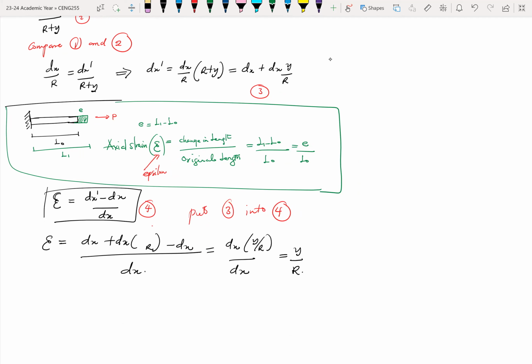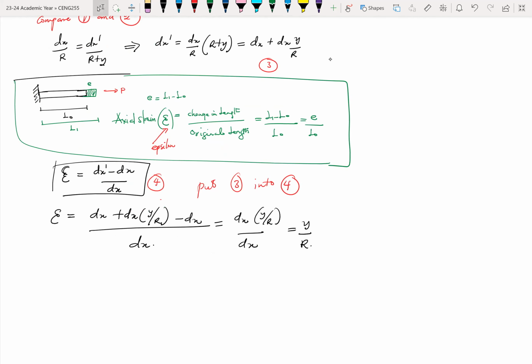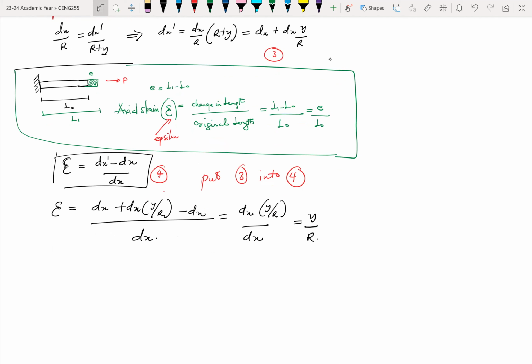My y is a bit funny, so I think this is better. When there's bending, the strain has a relation between the radius and a varying distance called y.